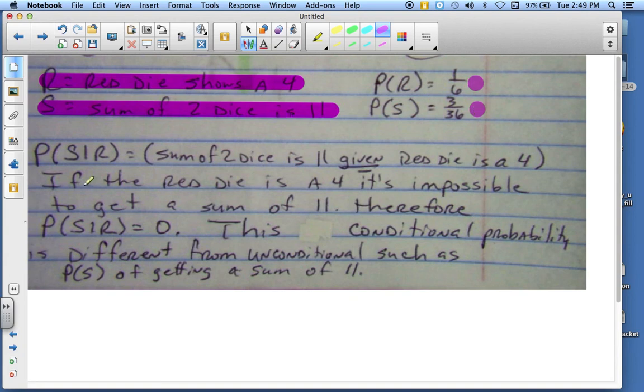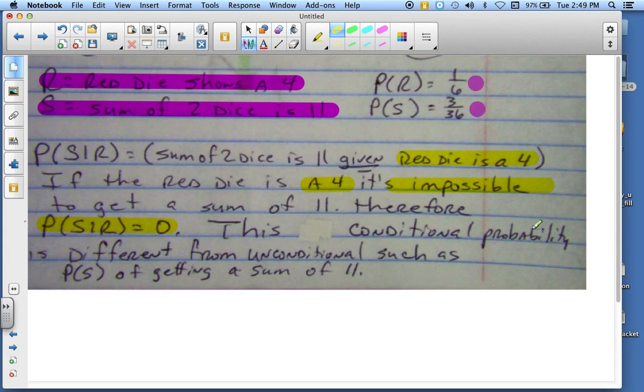And now you want the sum of two dice given that the red die is a 4. Because we've put this condition on it, if I were to roll a 4, that's this right here, it would be impossible to get a sum of 11. Therefore, the probability of the sum of two dice equaling 11, given that I've rolled a 4, will be 0. All right?